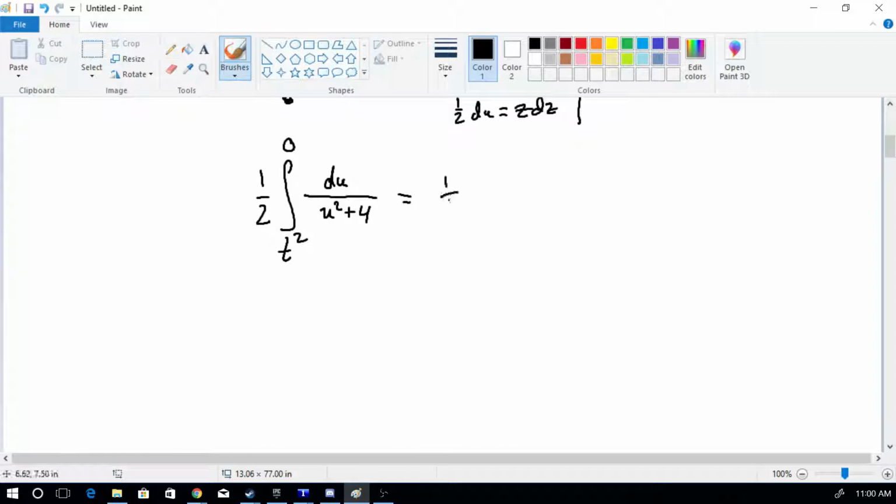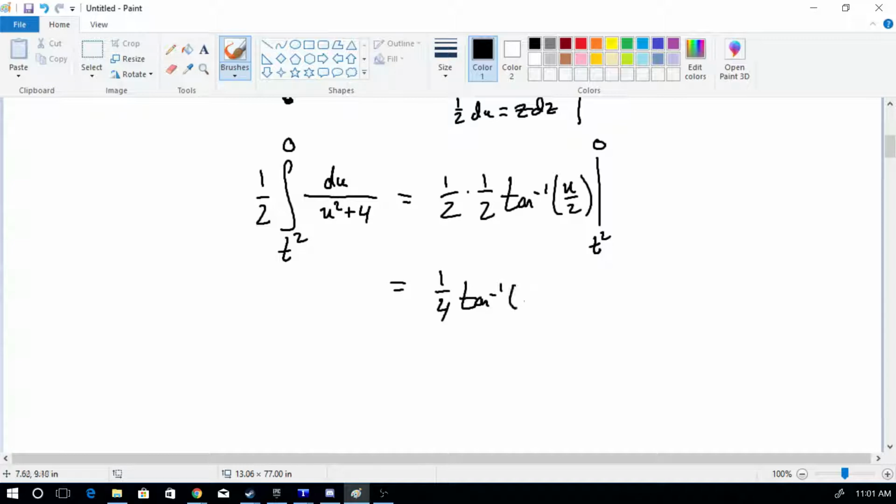So we're going to get 1/2 times 1 over 2 arctan u over 2, from t squared to 0, which is going to equal 1/4 arctan of 0 minus 1/4 arctan t squared over 2.